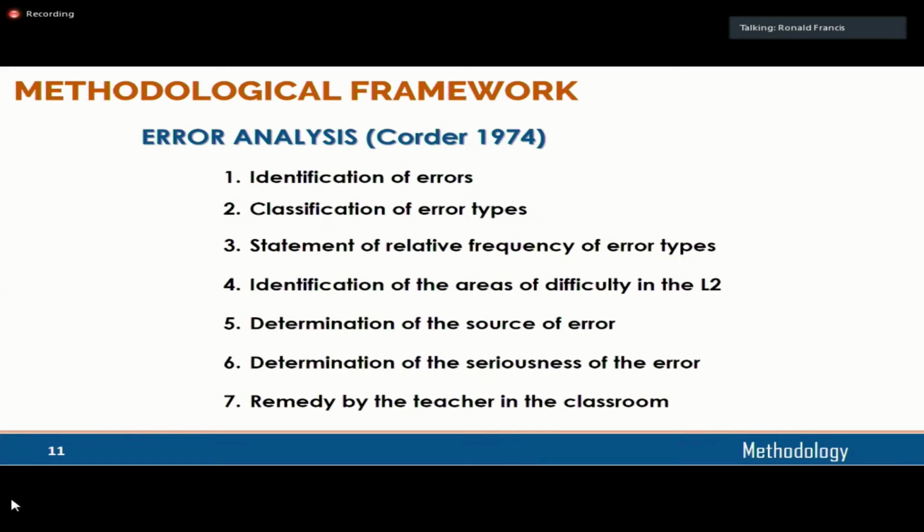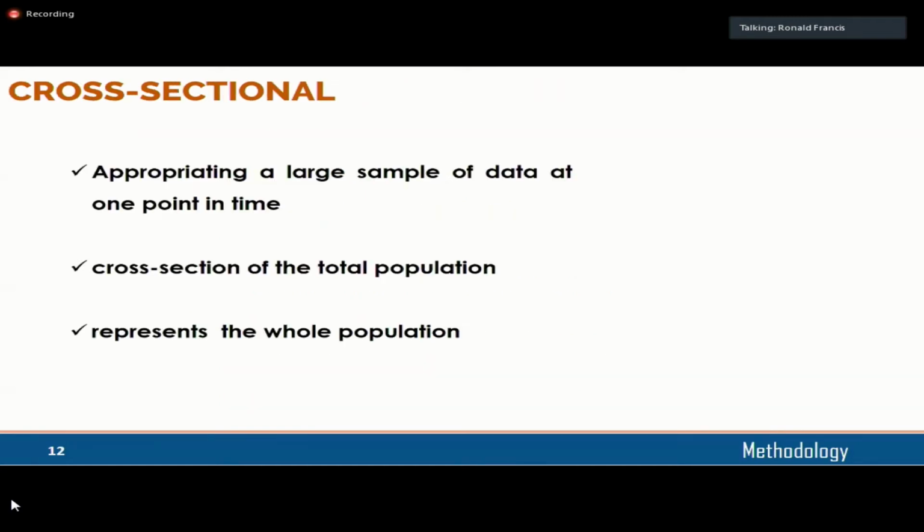I basically use error analysis as my methodological framework. The steps were identified by Corder in 1984. So it's basically about the identification of errors, classifying these errors, stating relative frequency, and number 5, which is most important to me, the determination of the source of error, or basically whether or not it's due to transfer or just English complexity.